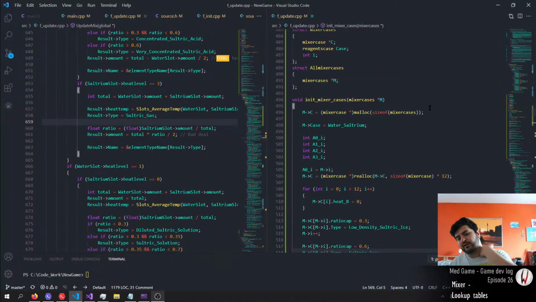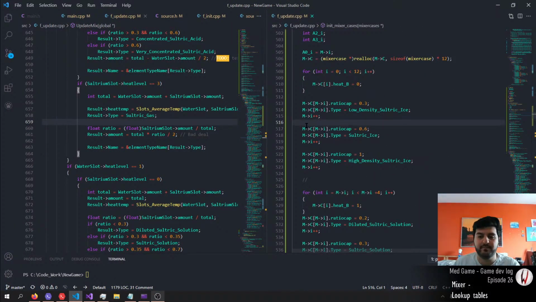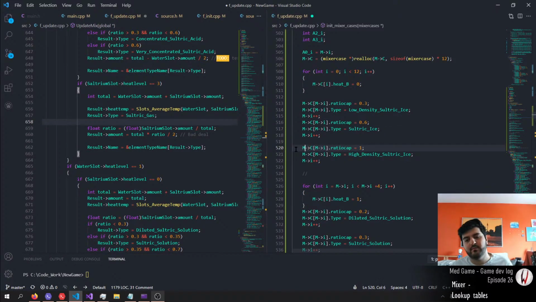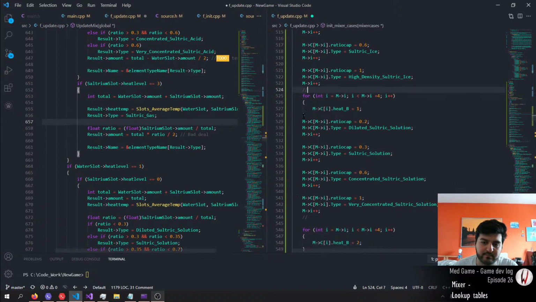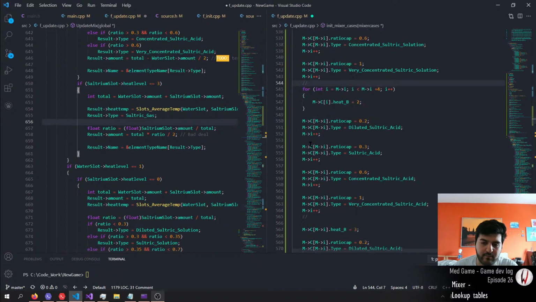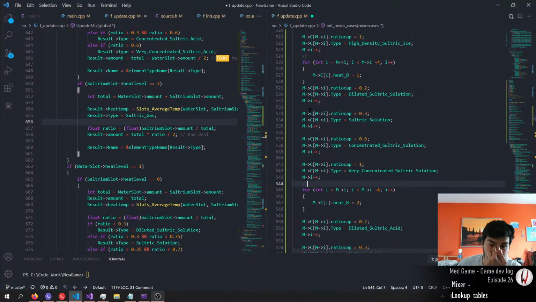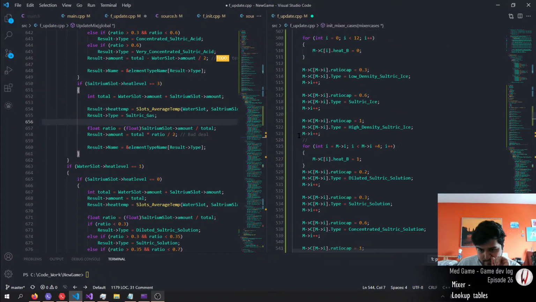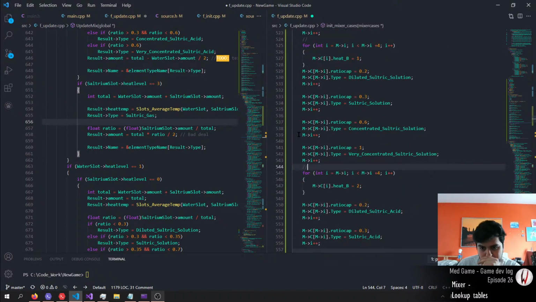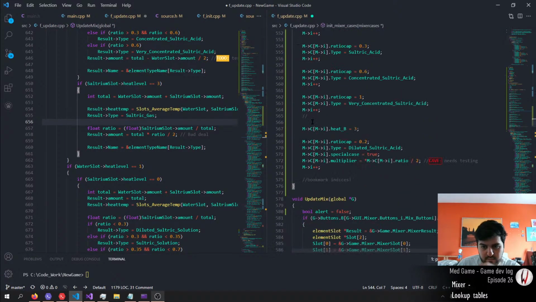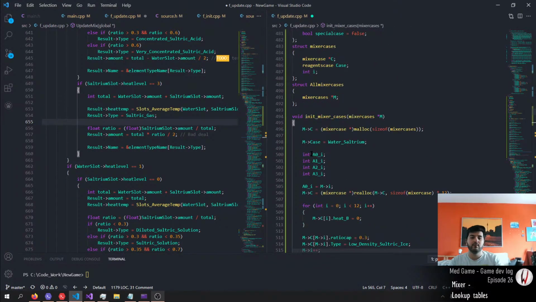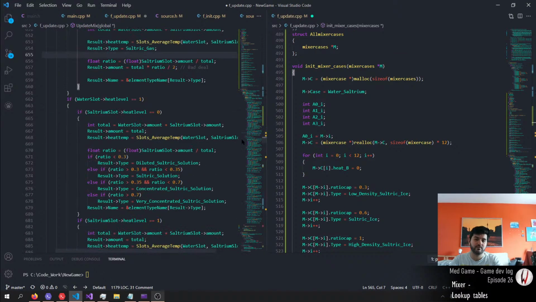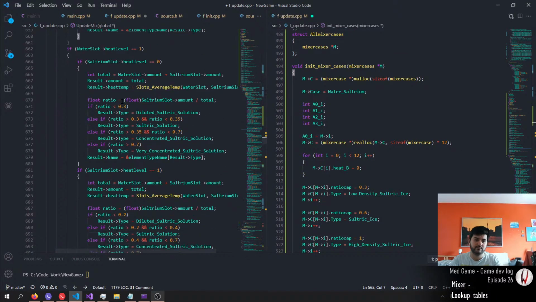I mean, it doesn't look like it's less, but okay, so let's make the level 1.